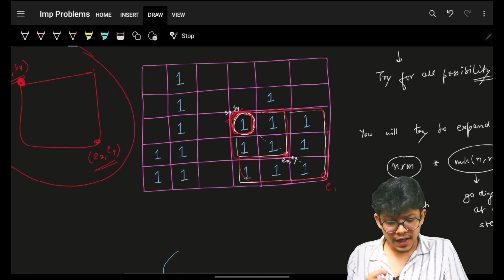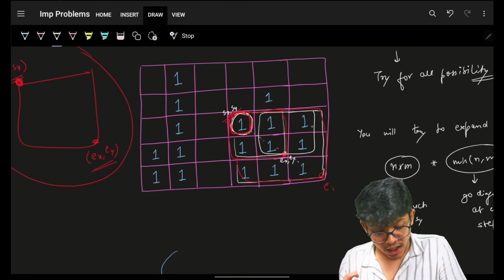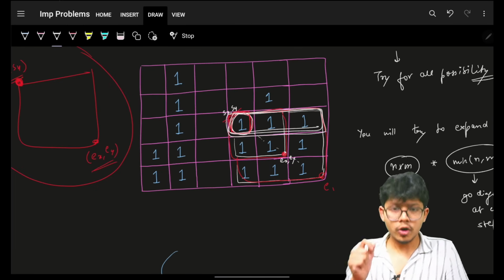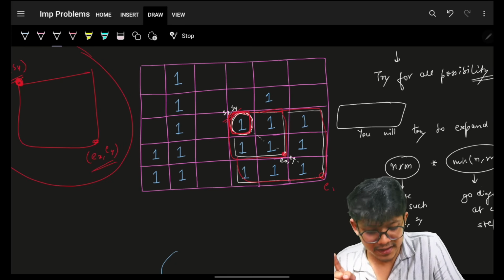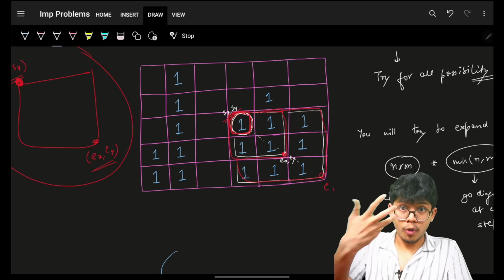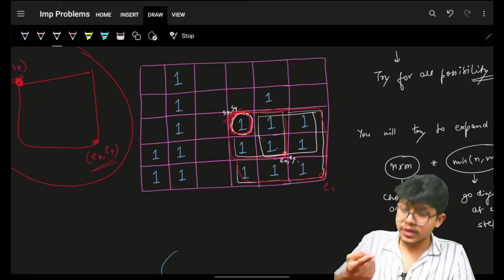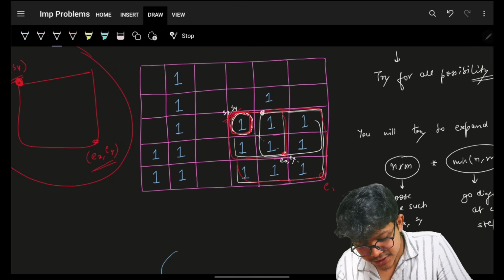But Aryan, why did you not count this entire portion of the square? Bro, firstly, this portion was not a square. This is a rectangle, not a square. On the point of why I did not count this portion of the square: yes, we will count it, but I will count it when my starting point is this point itself.